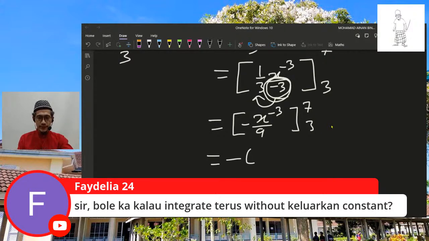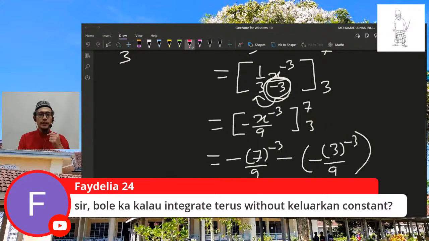Like this: 7 power minus 3 over 9, and then minus 3 power minus 3 over 9. You see over here, so many over 9. So no problem. Actually no problem if you use a calculator. It's just that sometimes mistakes can be made. Okay. Thank you for the question.